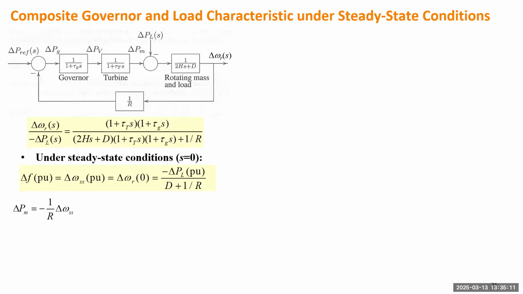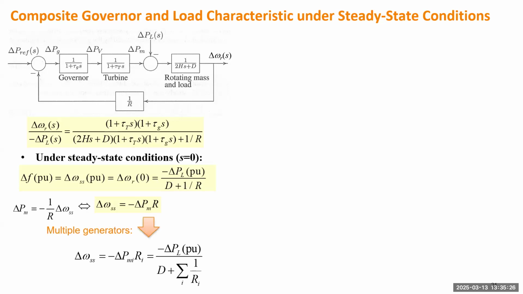Now we have two equations talking about the steady state frequency deviation. Those two equations have to agree with each other, right? From this one, we know the steady state frequency will be negative delta PM multiplied by R. Next, we just bring the two equations together.